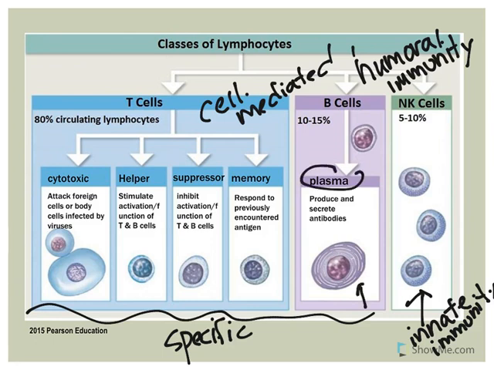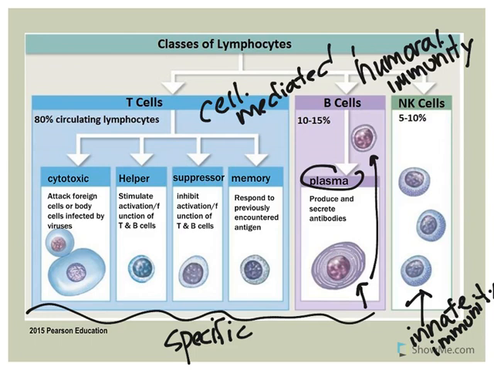If you look at this cell, it looks a lot different. We will also produce memory B cells for a time when we encounter that pathogen again. But the plasma cells will produce and secrete lots of antibodies, which will kill pathogens that are in our body fluids.